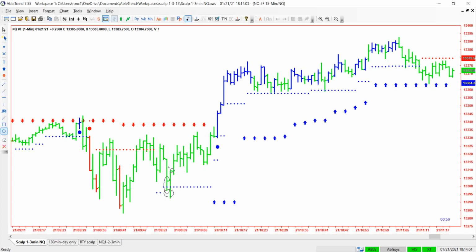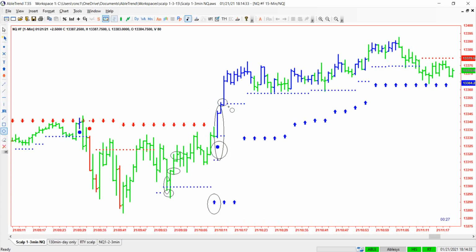Next trade, we hit the blue dot, closes above it, and then 1 minute later, we get the 5 points back. So we're basically about break even. You can take this trade. This is strictly optional because there's a little more risk in it, but the software says it's okay to take it if you want. Why? You've got the big blue dot and you've got the blue arrow. And as it turns out, that would have been a winner because a minute later, you got your 5 points.